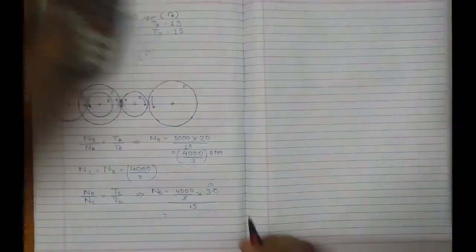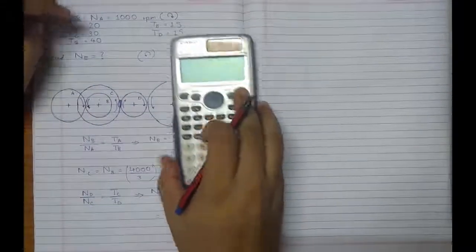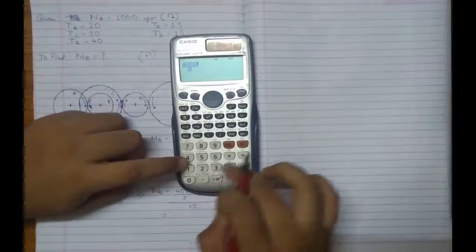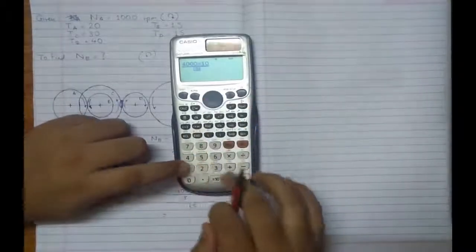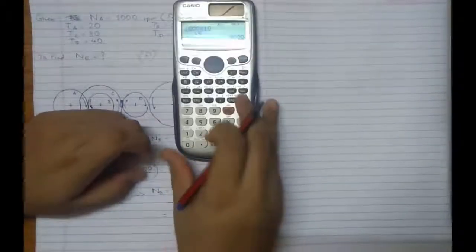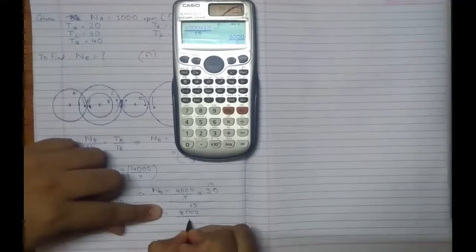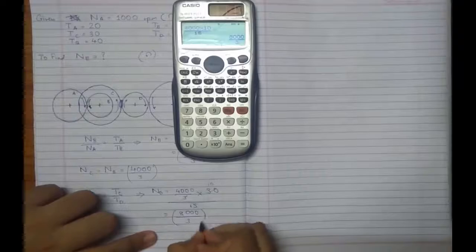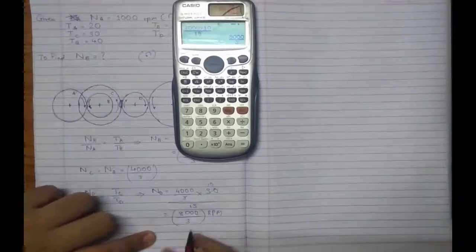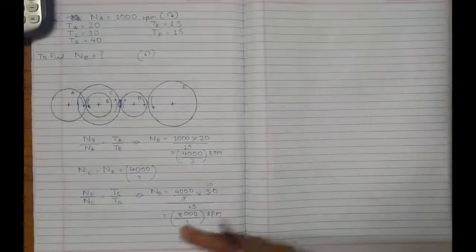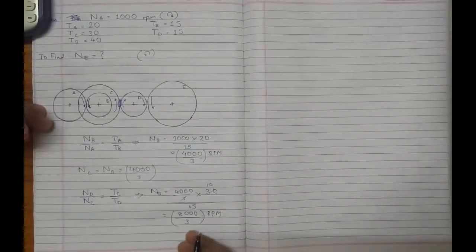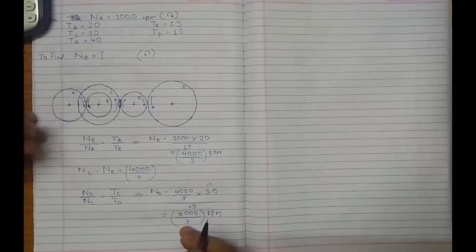So it will be 4000 into 10 upon 15. That will be 8000 upon 3 RPM. You can convert it into decimal. I am just keeping it like this in a hope that it might get cancelled in the end.